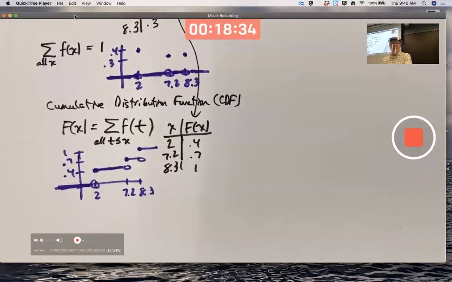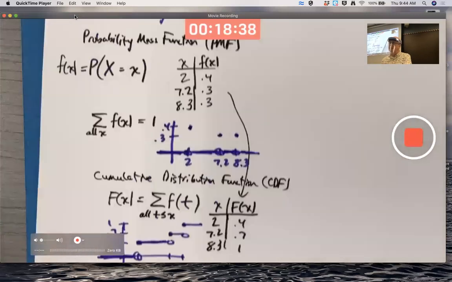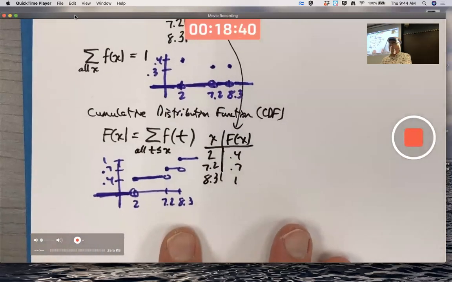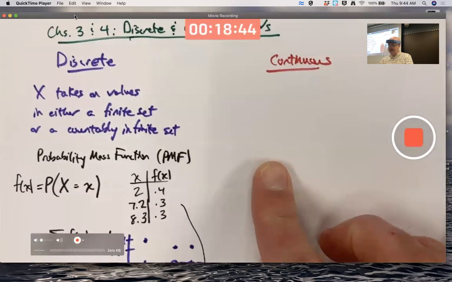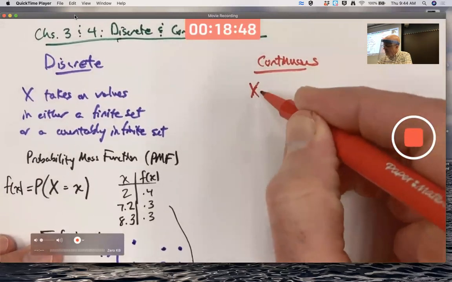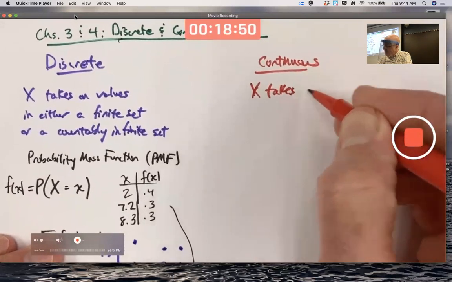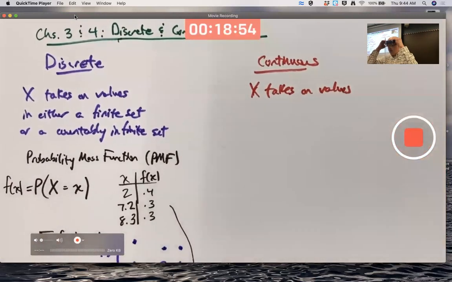All right, let's compare now with the continuous case. If you're not quite finished drawing that, I will come back to it here, but we need to go back up to the top. Now you're saying x takes on values in an uncountably infinite set. However, that's usually not the typical way it's thought of.